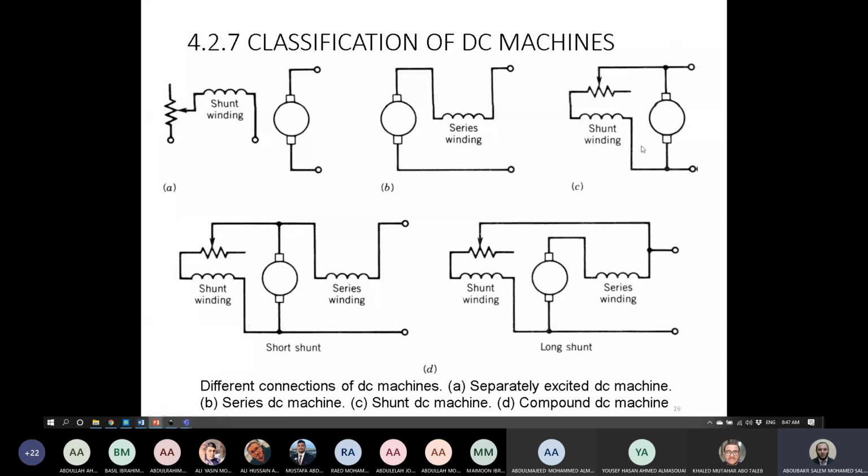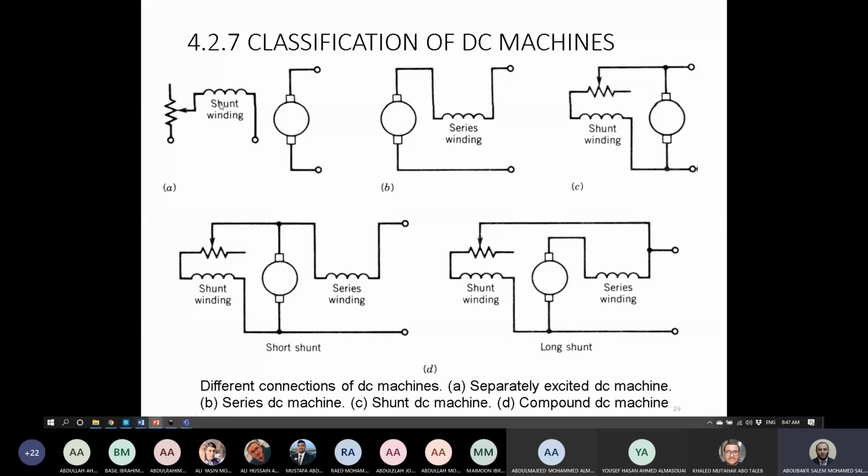This is called shunt winding. Series winding like that, shabab, okay, which means you connect the field winding in series with the armature winding itself. However, here we need some special design because this field winding has to operate with the high current of the armature. We will discuss this in details inshallah.